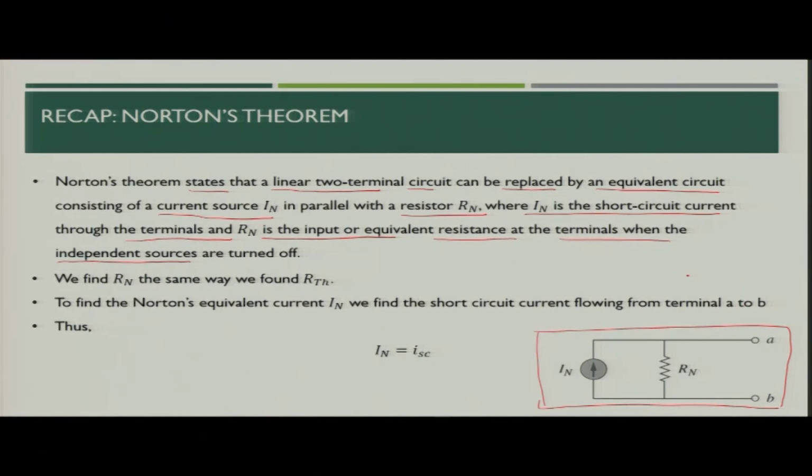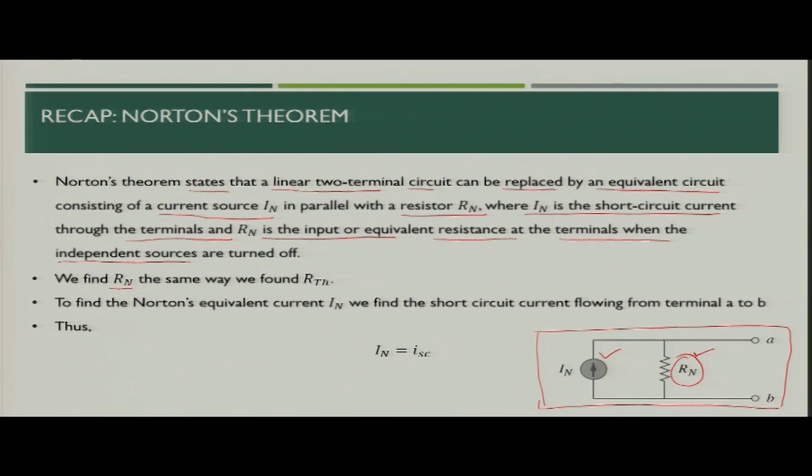The value of that would be the Norton's resistance. So the unknown variables in this case are R n and I n, and these we have to find out.